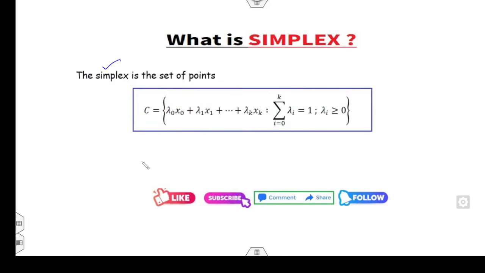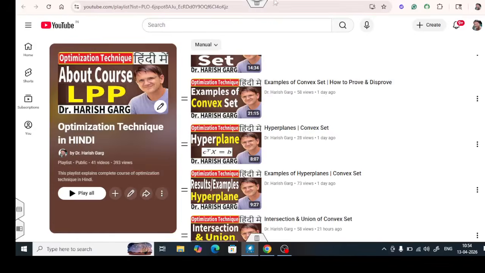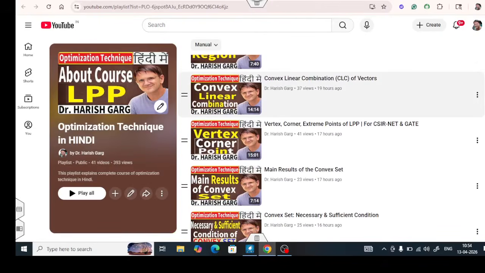The formal definition of the simplex is: the simplex is the set of the points x0, x1 up to xk such that the coefficients lambda naught, lambda 1 up to lambda k sum to 1 and each is greater than 0. If you link this definition with the previous convex set, that is my convex linear combination. This was the definition of convex linear combination, which we call the CLC of the given points. For more details, you can watch my lecture on the convex linear combination, CLC of the vector.